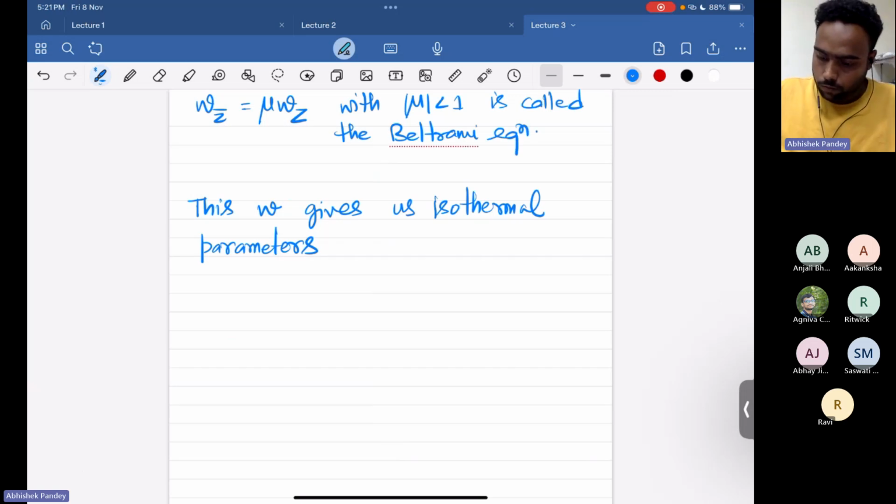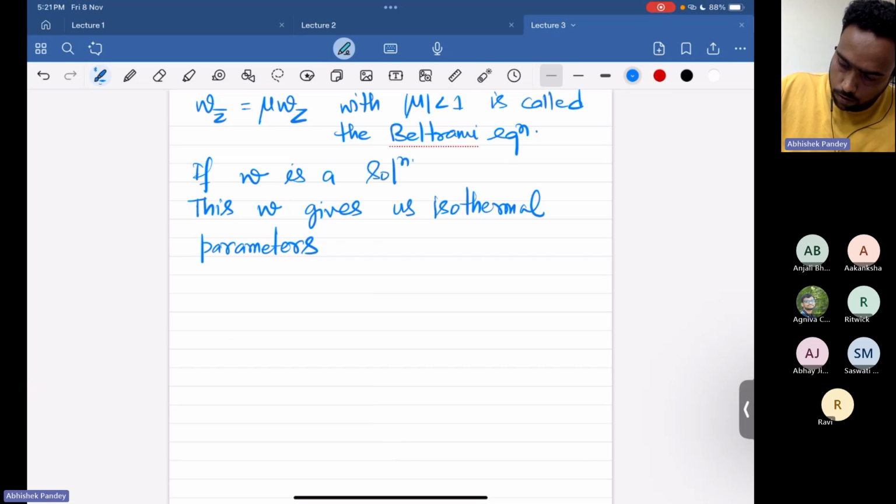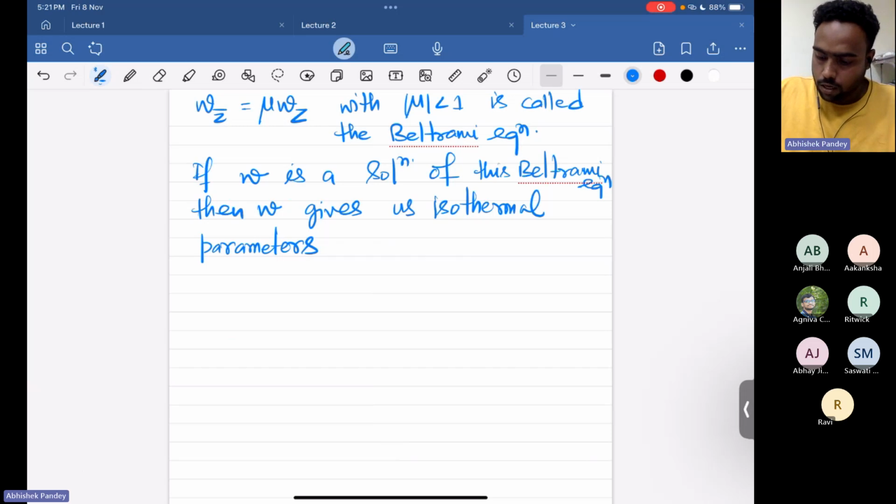If w is a solution of this Beltrami equation, then w gives us isothermal parameters u and v.